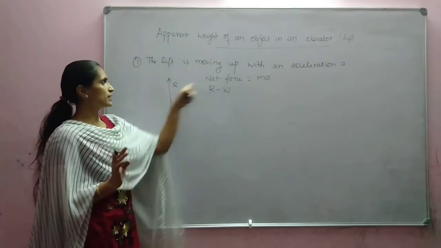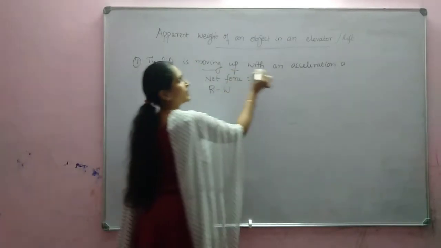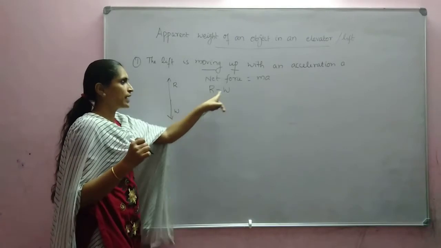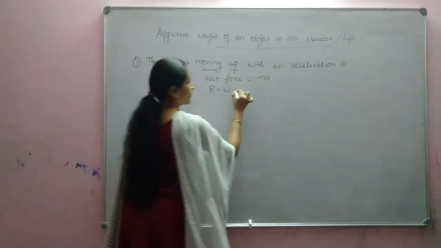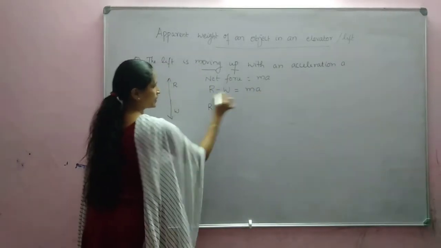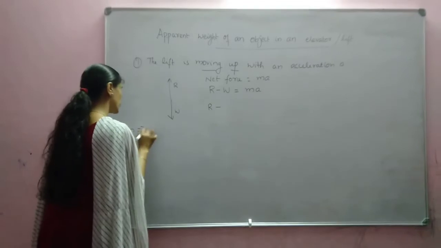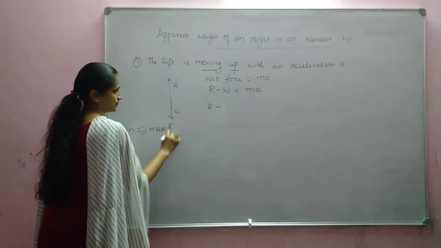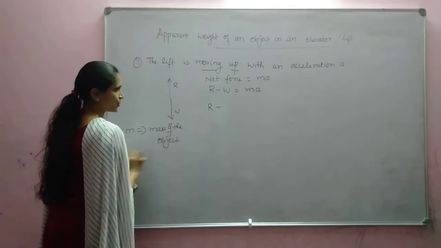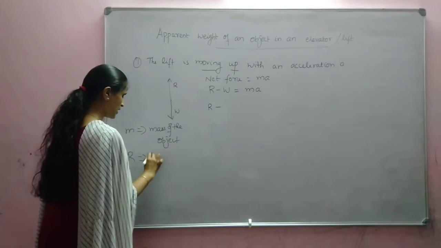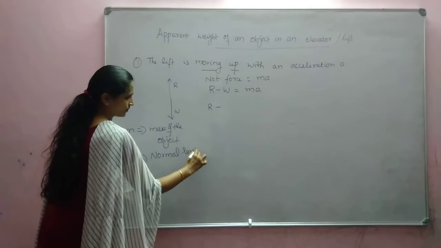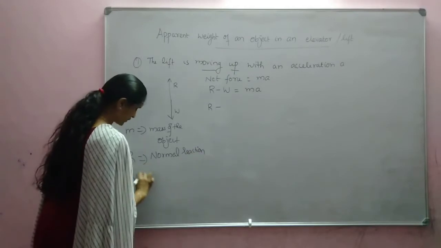So here net force, since it is moving up, R is greater than W. So we can write R minus W is equal to ma, where m is the mass of the object, a is the acceleration, R is the normal reaction, and W is the weight of the object.